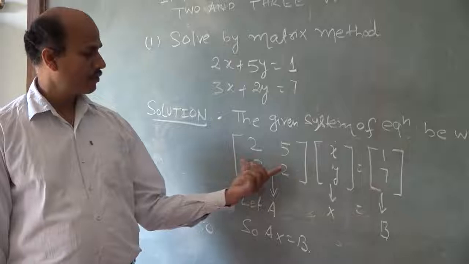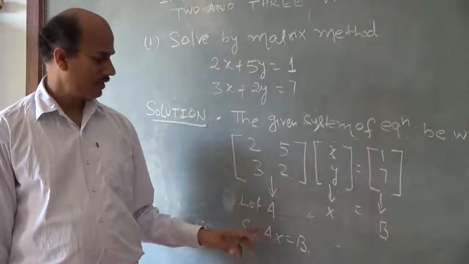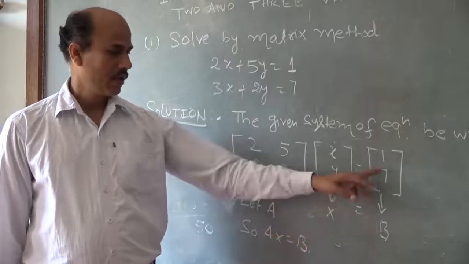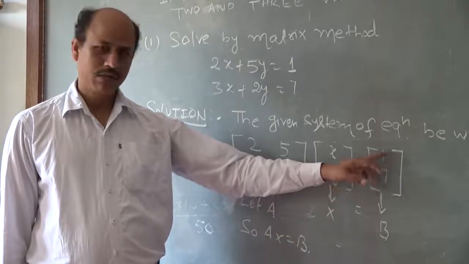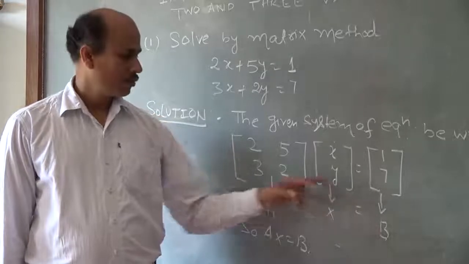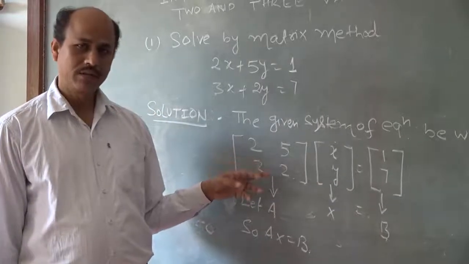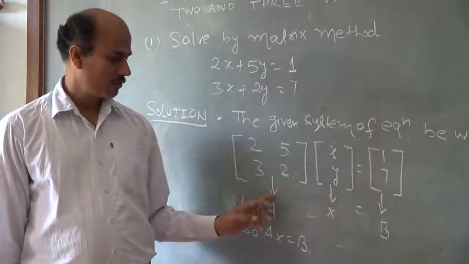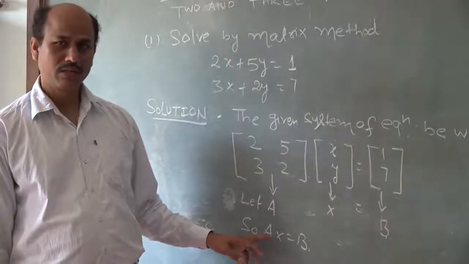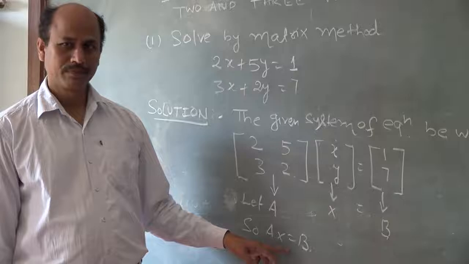After that, take this matrix as A, indicate the variable matrix as capital X, and the right hand side matrix we have formed I indicate by B. In other words, you can write this matrix equation as A X equal to B.